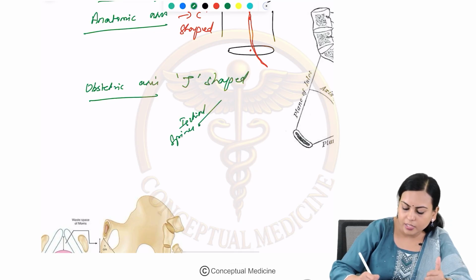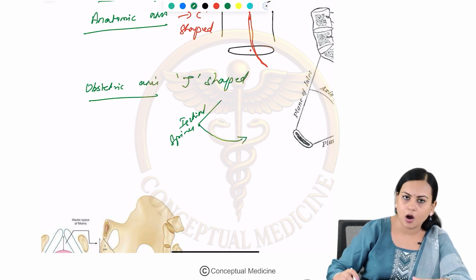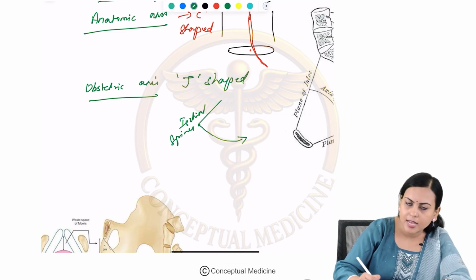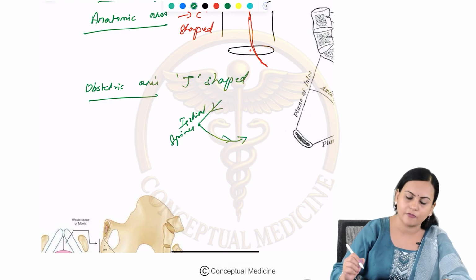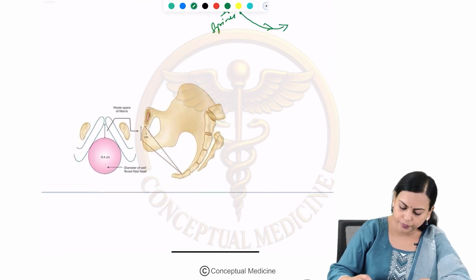Then from here it will take a curved shape like this, to come to the outlet. So this is downwards and backwards, and this is again downwards and forwards. So this obstetric axis is J-shaped.